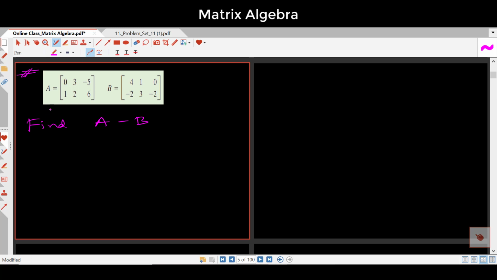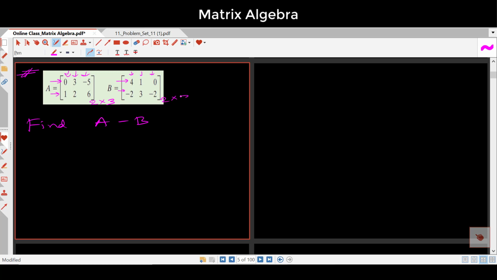The rules for addition and subtraction in matrices are the same. Have a look. Subtraction is possible if the two matrices have the same order. The first matrix has 2 by 3 order. Similarly, in B we have 2 rows and 3 columns.